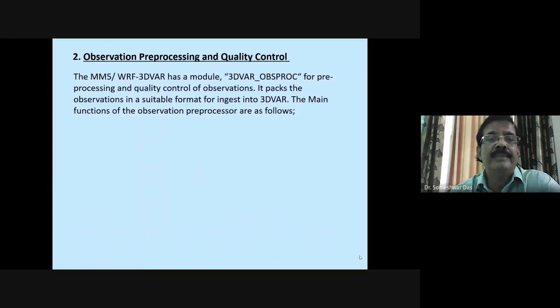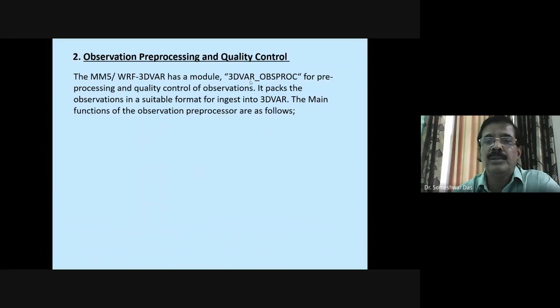So we shall briefly summarize that here today. The MM5 WRF 3D VAR has a module called 3D VAR OBSPROC, and this is a very important module because when you are trying to assimilate your own data, any new data, you have to put your data into the format in which the WRF can understand or read it.